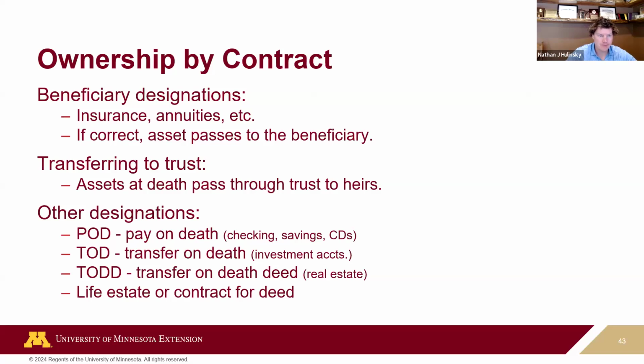Getting back to the beneficiary designations, if it's correct, the asset passes to the beneficiary. If it says my son gets the life insurance claim, that's it. There's no fighting about it. It's whoever the beneficiaries are on that. We do want to highlight, maybe you set up your retirement accounts when you started working 30, 40 years ago.